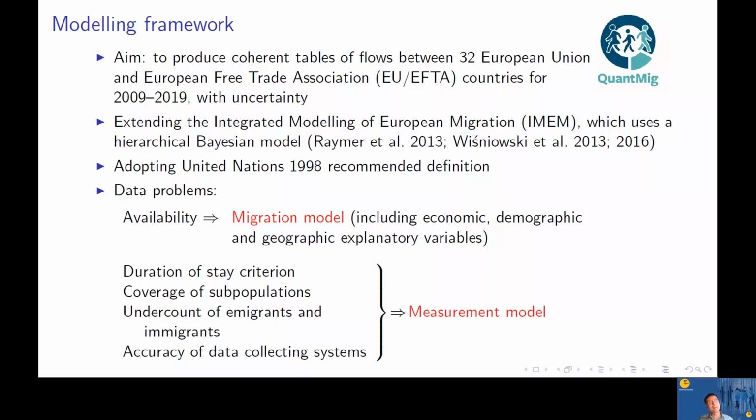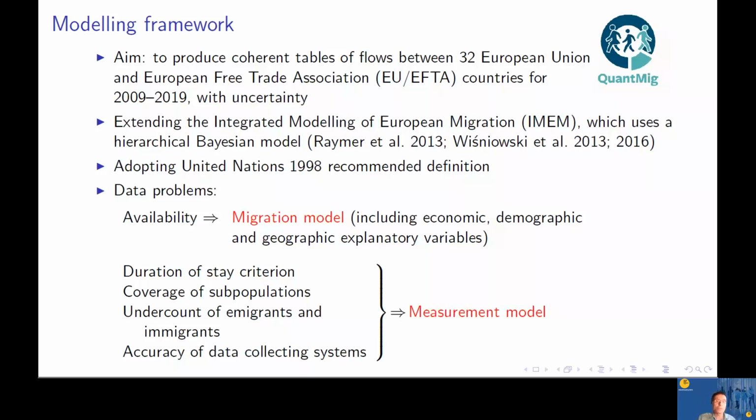We also similarly have reviewed the data and metadata on the data collection systems and classified those into excellent, which corresponds to countries that use excellent registers to record migration, good, which corresponds to other countries that use other good registers, and low, which includes countries that use less reliable registers or surveys.